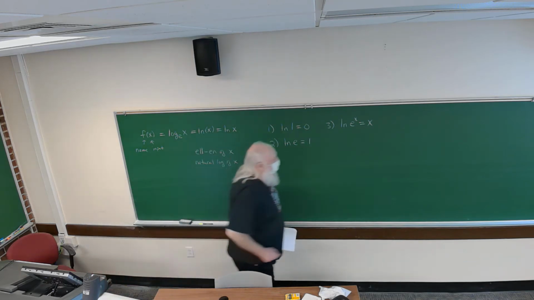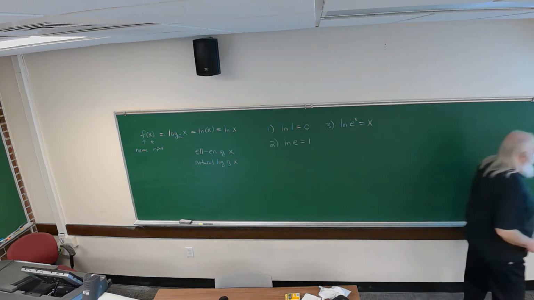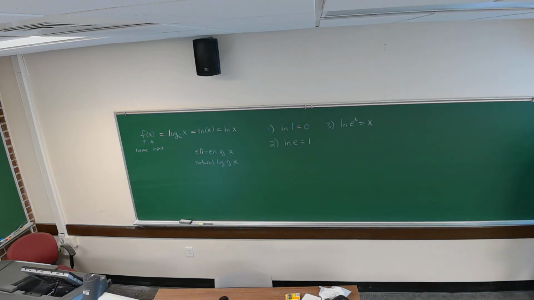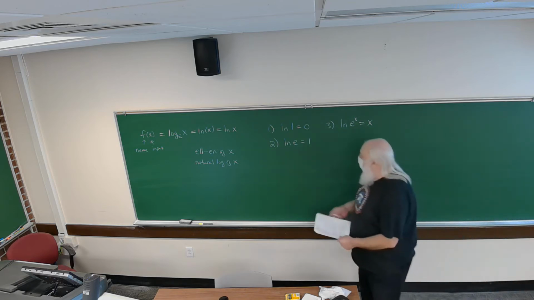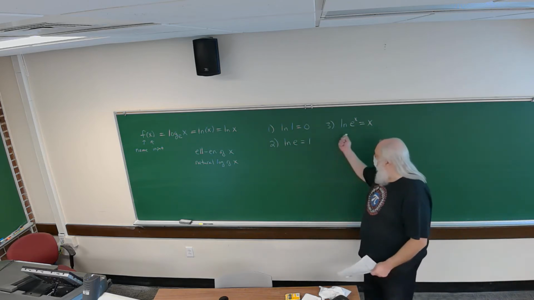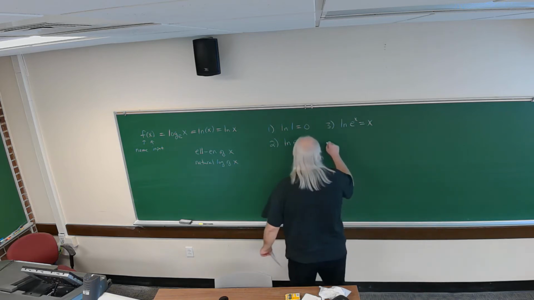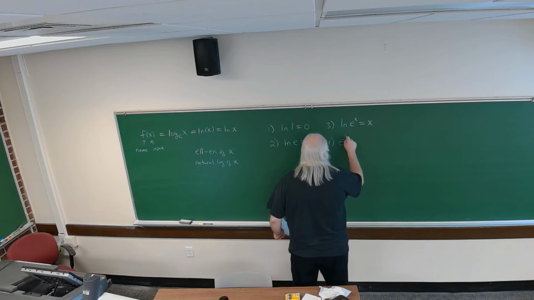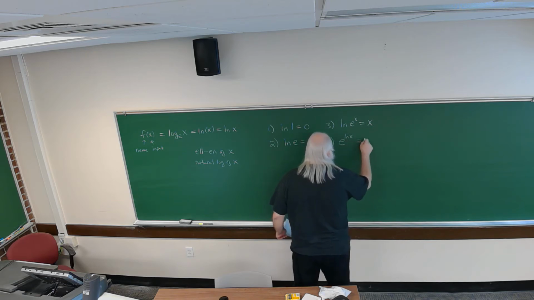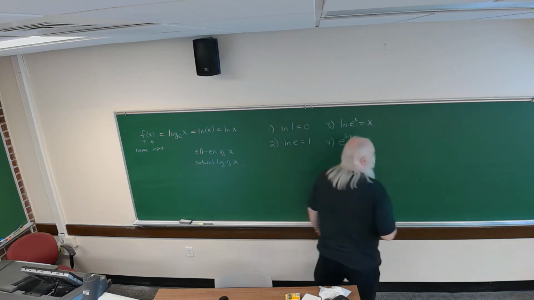So all I did was replace log base a with ln and replace this a with e. So we have ln of e to the x is x. So we're doing the same properties on page 1, except with the new notation, base e. And the last property, e raised to the natural log of x is just x.